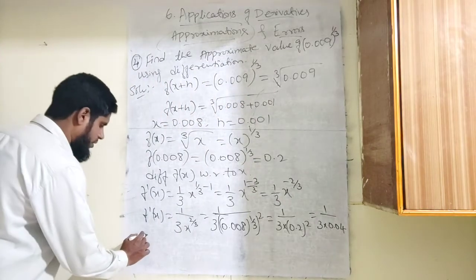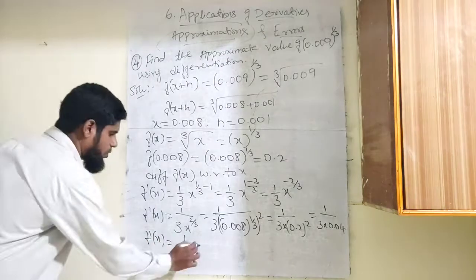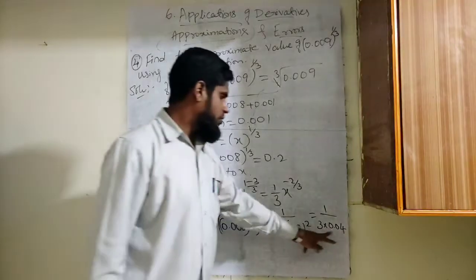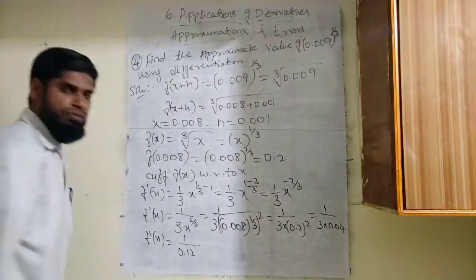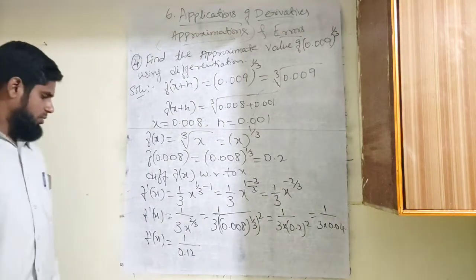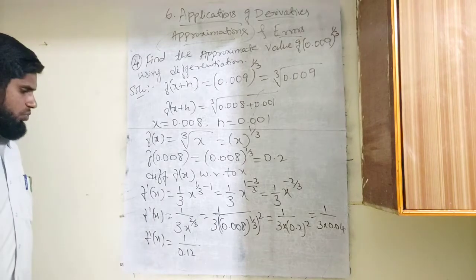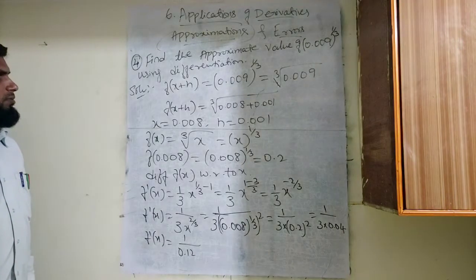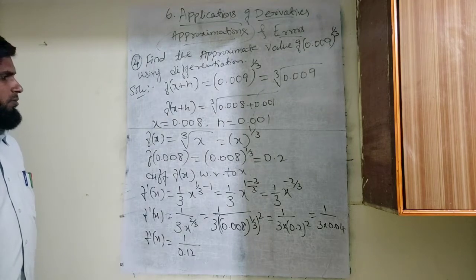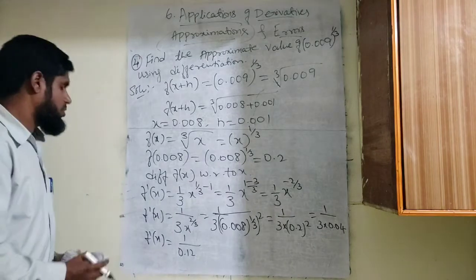So finally our f dash of x is equal to 1 divided by 3 into 4 is 12. So it is 0.12.